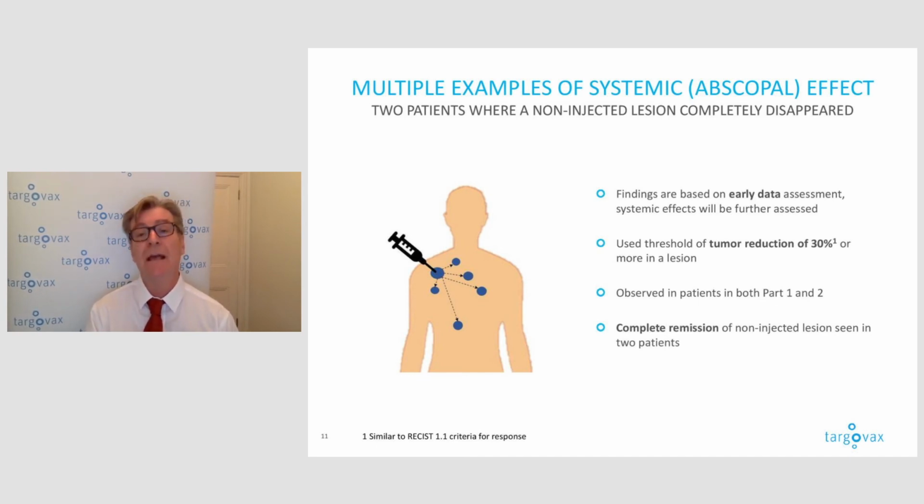And that's, if you are familiar with the RECIST criteria, the criteria for response. And we saw, when we looked at these non-injected lesion responses, actually 2 non-injected lesions that had completely disappeared. So exciting data, early data, and we will continue to analyze these data, but of course publish later on.